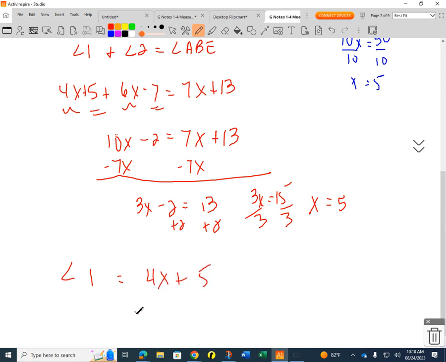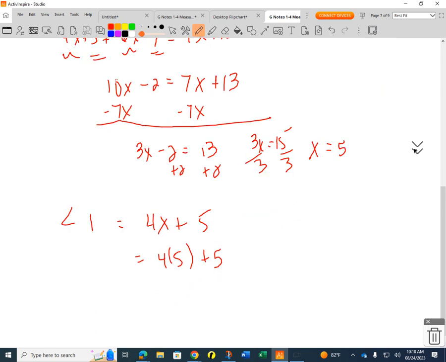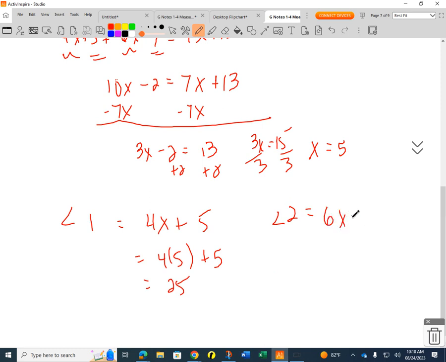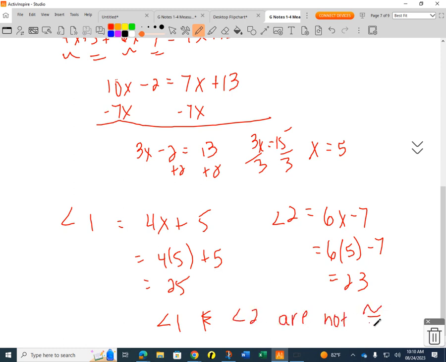So now we're going to take 4 times 5 plus 5, and now we know angle 1 equals 25. Now we're going to do the same thing with angle 2. Angle 2 is 6x minus 7. So I'm going to plug in 5 for x. 30 minus 7 is 23. Are they congruent? All right, so angle 1 and angle 2 are not congruent.